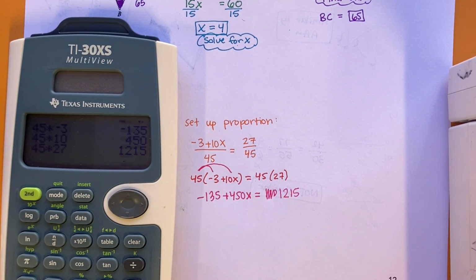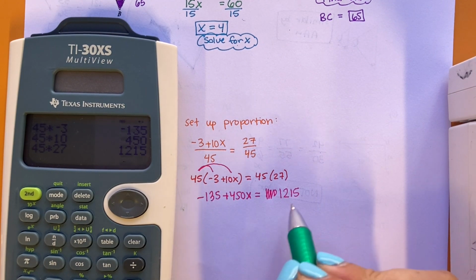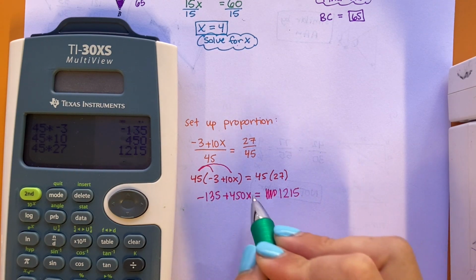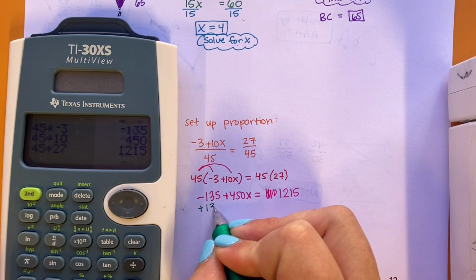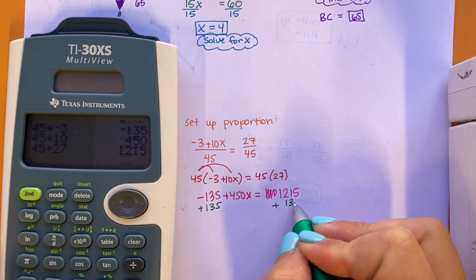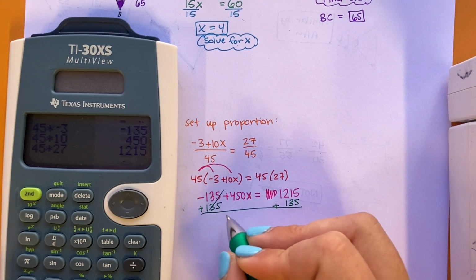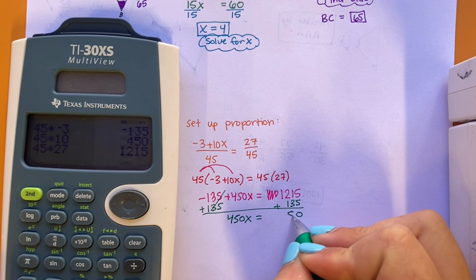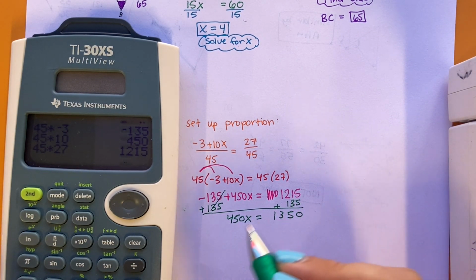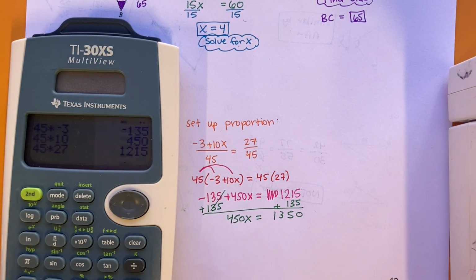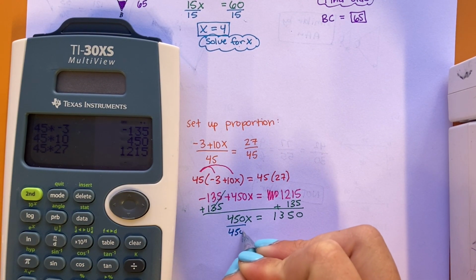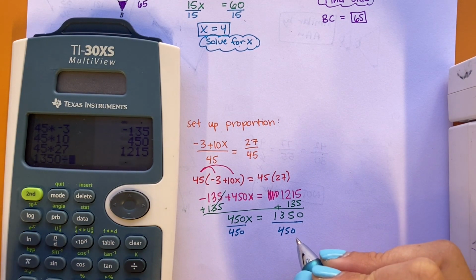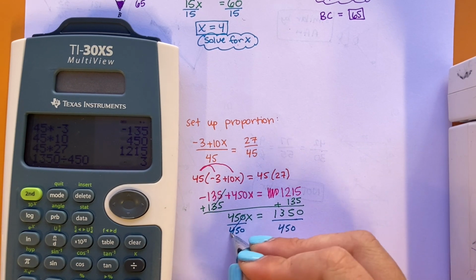We are then going to try and get the 135 over with the 1,215 because they are like terms. We want to leave the x by itself. Plus 135, 450x equals 1,350. Then we divide by 450. 1350 divided by 450 is a 3.